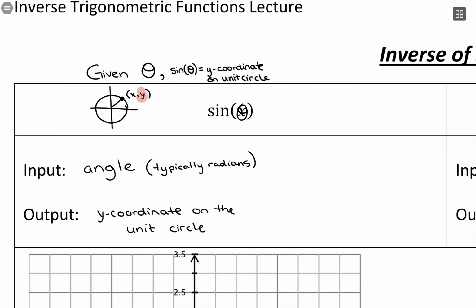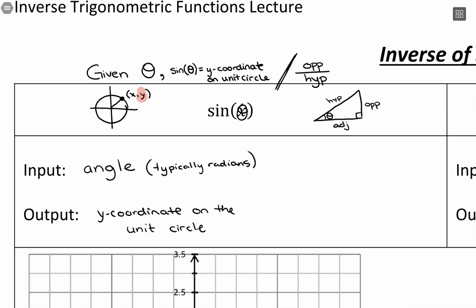Another way we thought about this was with a right triangle specifically. So if we had some right triangle and some angle measurement, we had opposite, adjacent, and hypotenuse. What sine would do is that given that angle measurement, plugging in that angle measurement, we would take opposite over hypotenuse.